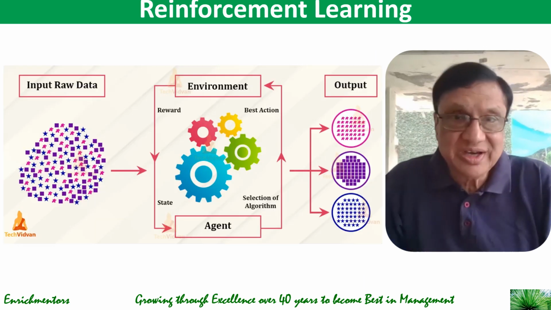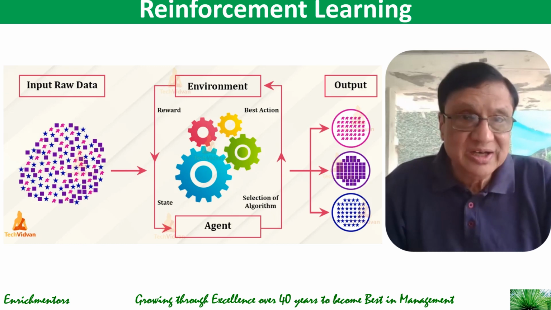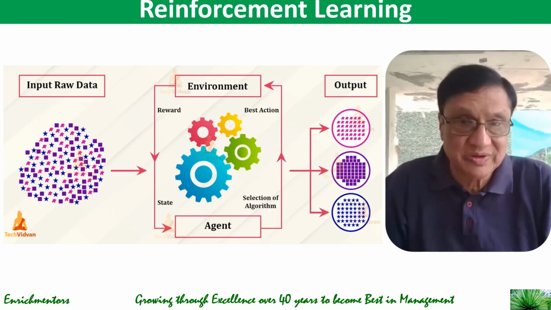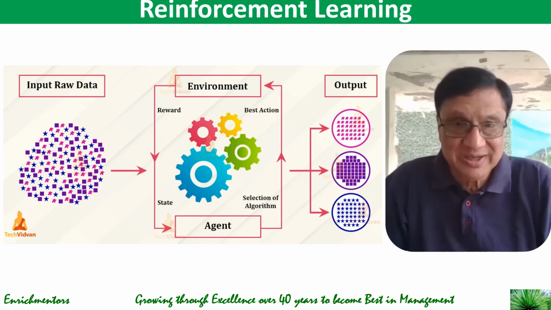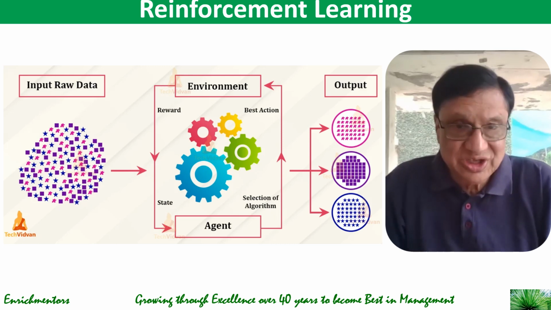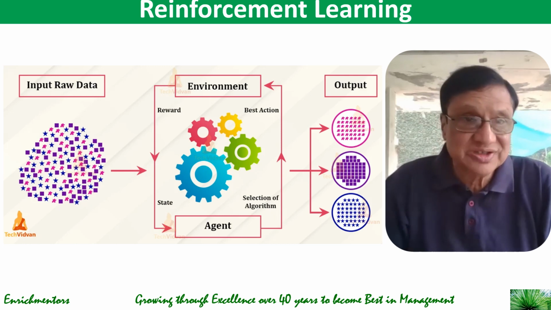The third one is reinforcement learning, where the learning agent interacts with the environment and learns to take actions to maximize cumulative rewards over a period of time, as you see. So there is input raw data, there is an environment, and there is output, and there is an agent who gets rewarded based on the actions it takes.